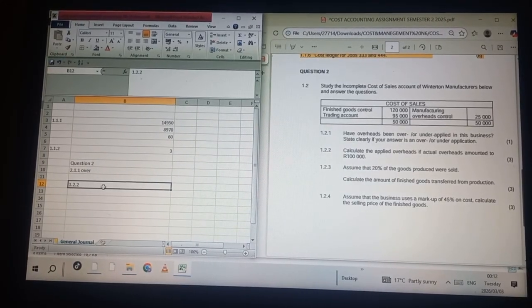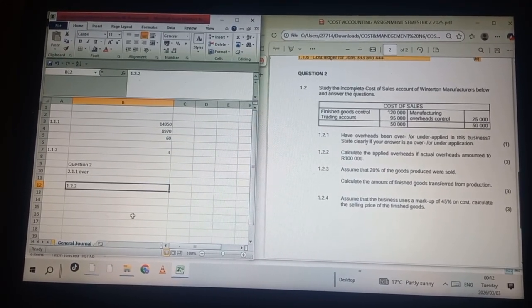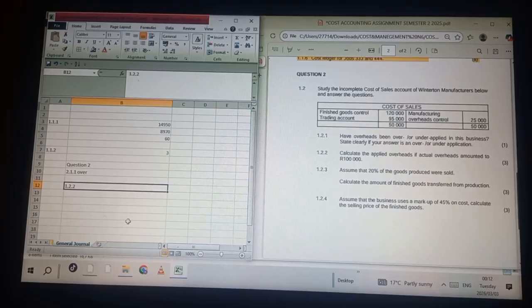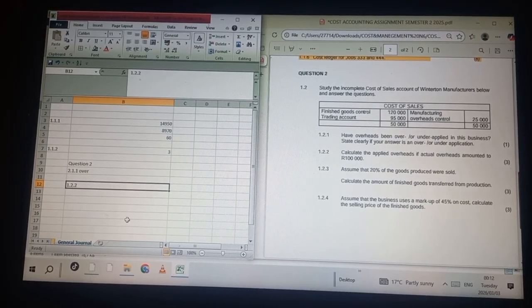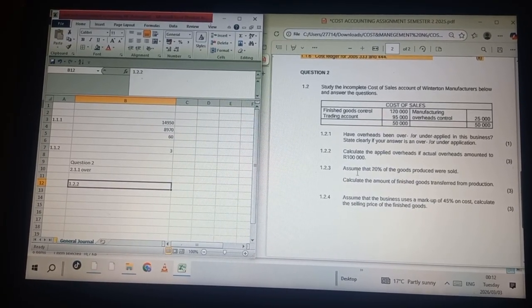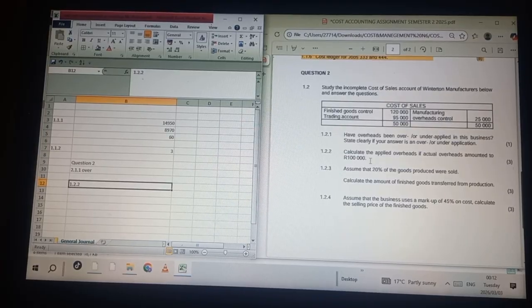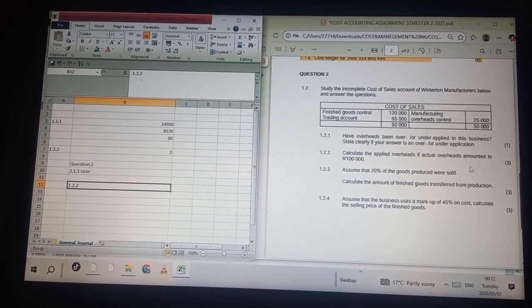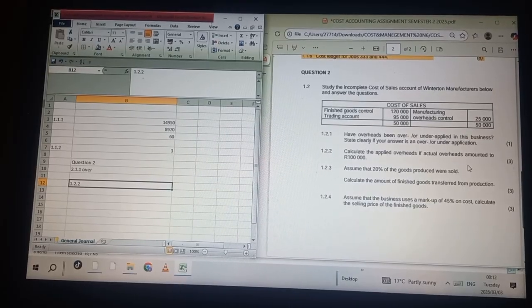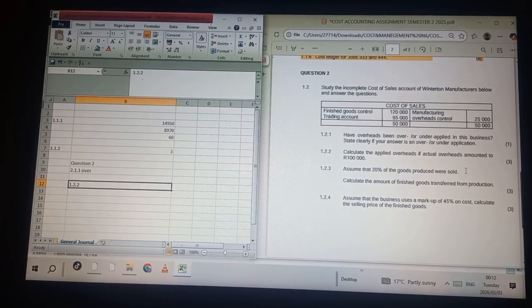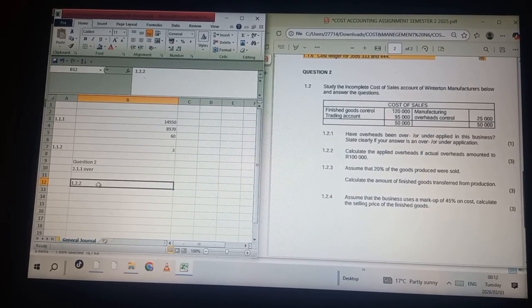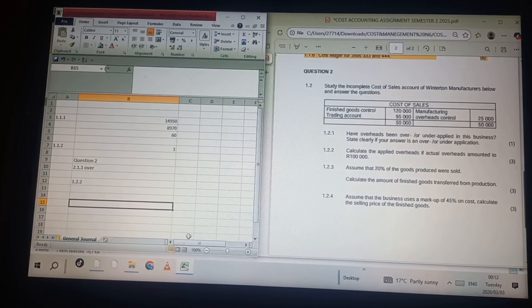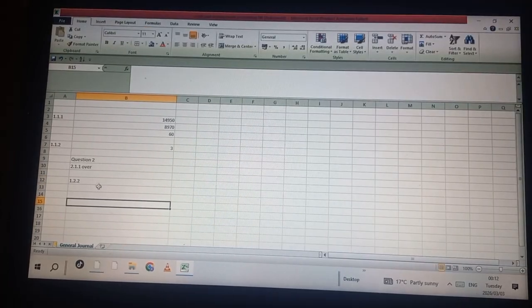Now we need to calculate. So you have something like a T account. Let me open a T account fast and quick so you can see.